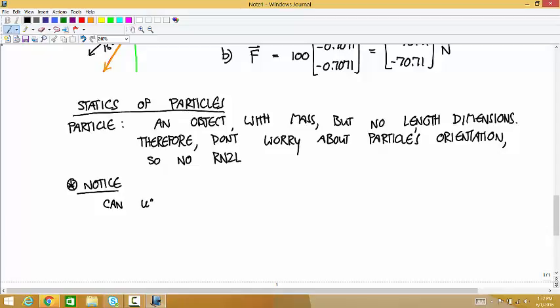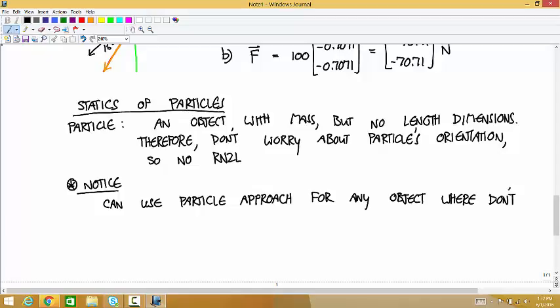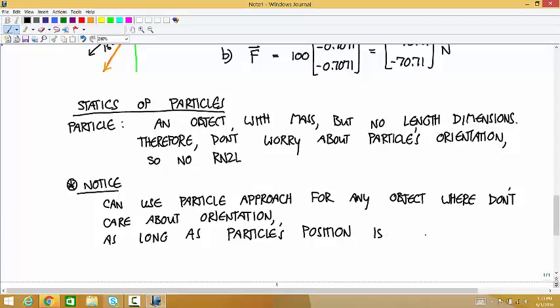So you can use a particle approach for any object where you don't care about its orientation, as long as you consider the particle's location to be the object's center of mass.